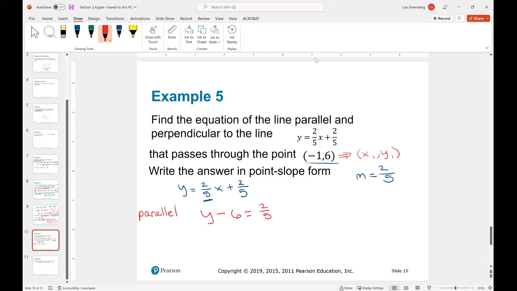Here, let me write. y minus y1 is equal to m times x minus x1. So y minus 6 is equal to m, 2/5, because this is the parallel one, times x minus -1, or +1. And that's it.